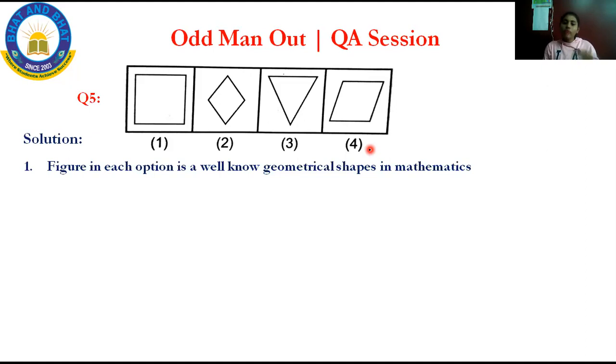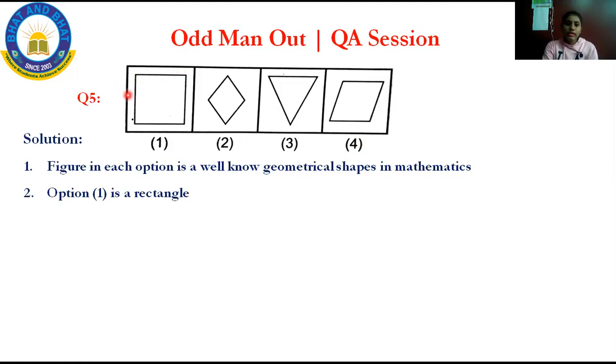Okay, now come back to the question. Question number 5. Look at the figure. The figure in each option is a well-known geometrical figure in mathematics. Option 1 is a rectangle.